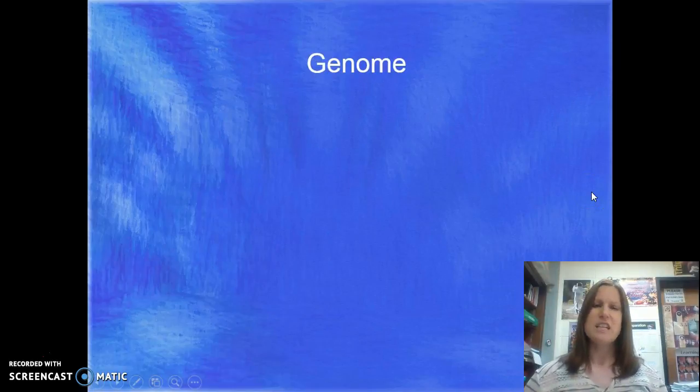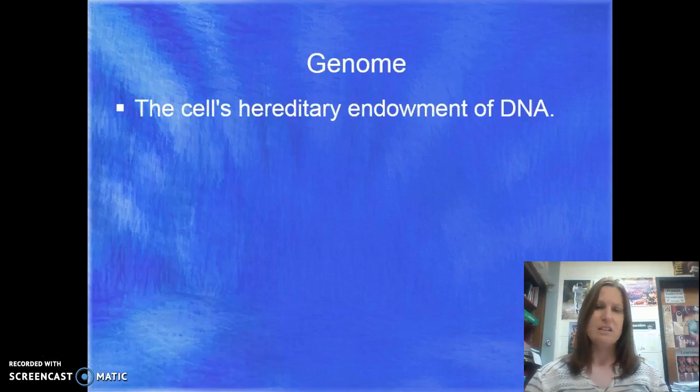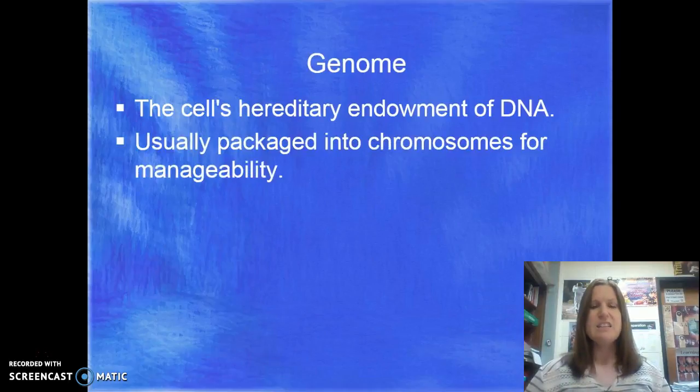Before we start getting into the cell cycle, I wanted to attack a couple of vocabulary terms. One being the genome. The genome is the cell's hereditary endowment of DNA, otherwise known as the cell's genetic information. This is usually packaged into chromosomes for manageability, especially when it comes to cell division.